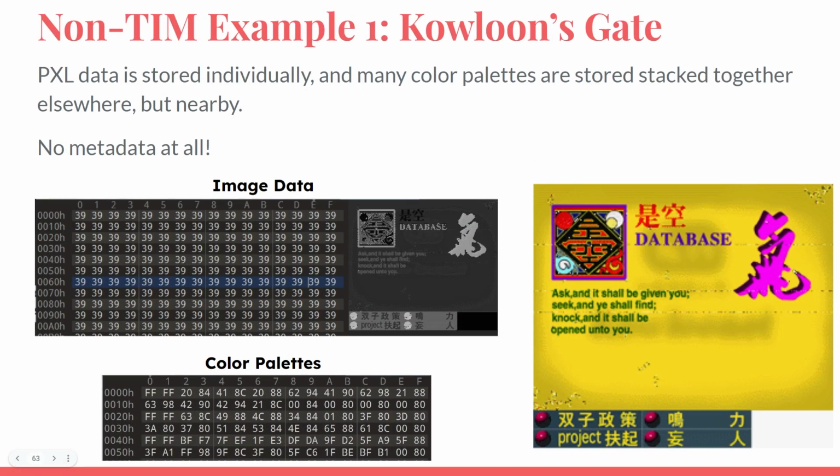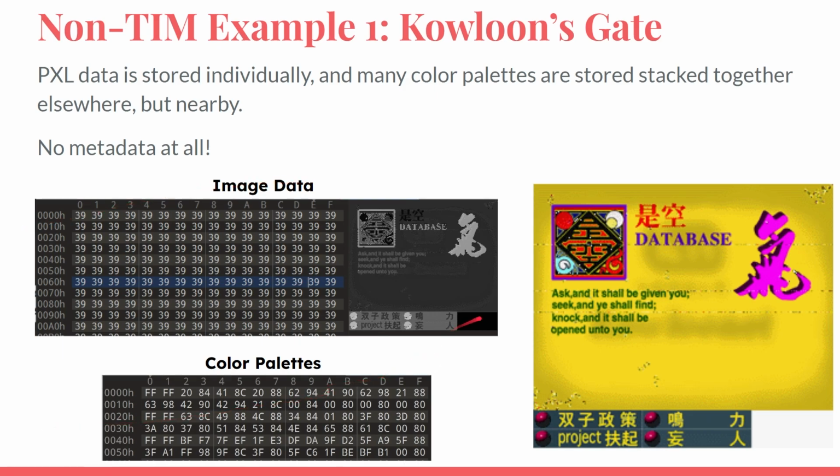So here are some actual examples of non-TIM image formats. Kowloon's Gate is a PS1 game, and the way this game stores pixel and CLUT sections is basically with 0 metadata at all. There is 0 header going on here. It just stores the images, the pixel sections as is, and color palettes as is in different locations.